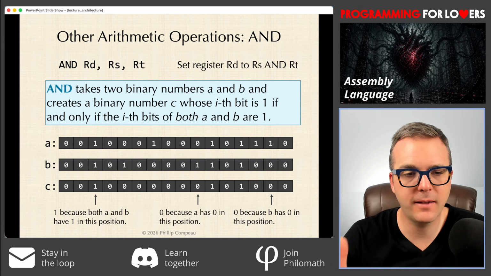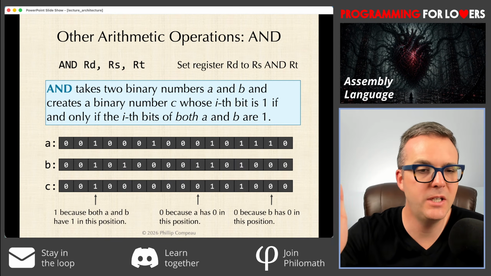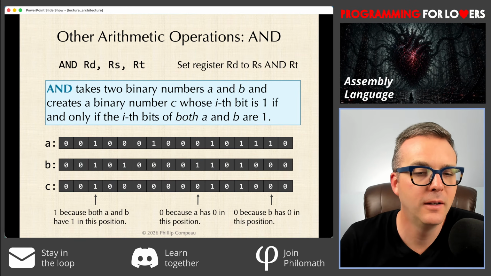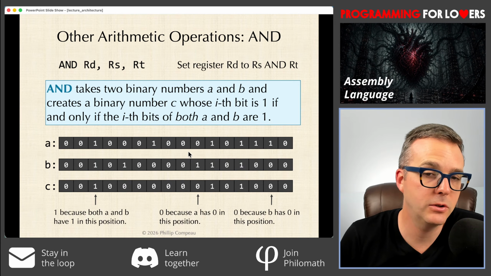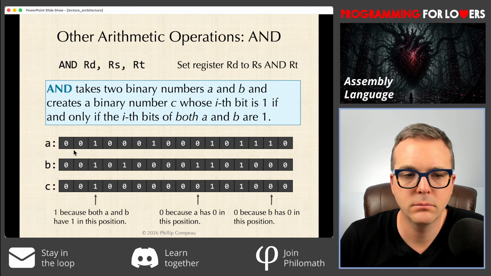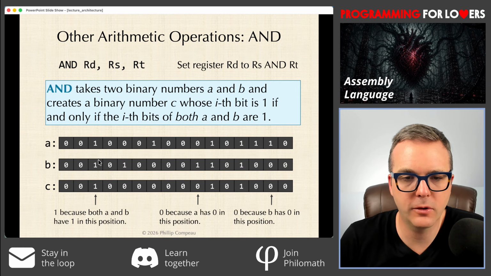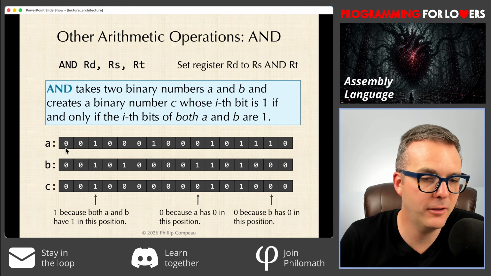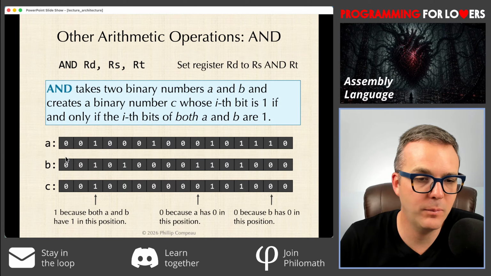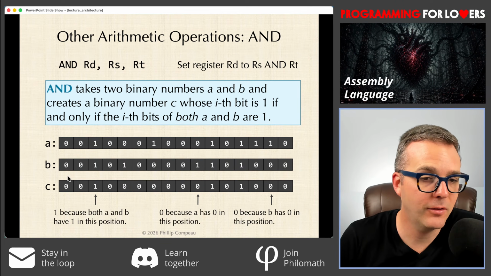If that's the case, I can go bitwise, so digit-wise, and take a look at each individual position of the two integers. If my integers here are these particular strings, you'll notice C is, in this case, the AND of the integers A and B. You'll notice this position is 0 because false and false is false.